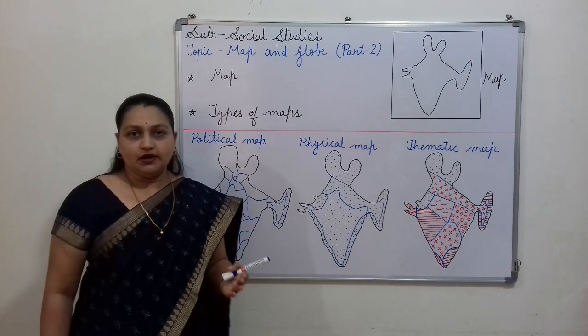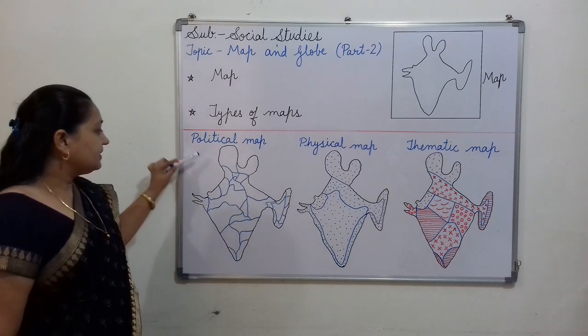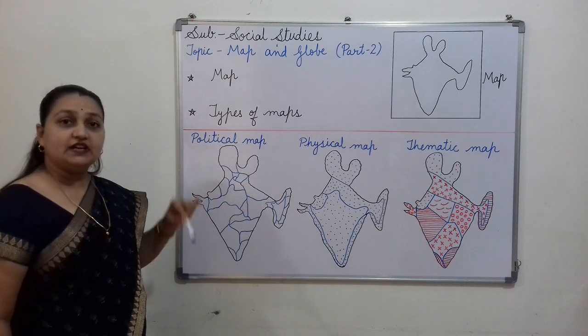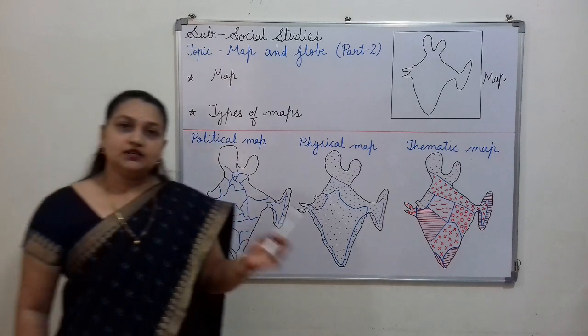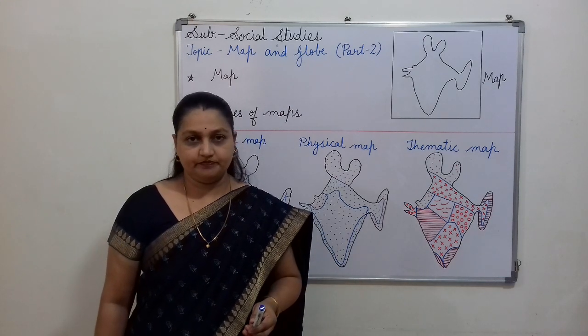So what is a political map? A map that shows the boundaries of countries or states or cities is called a political map.